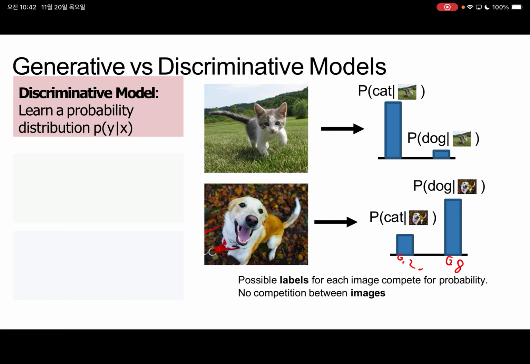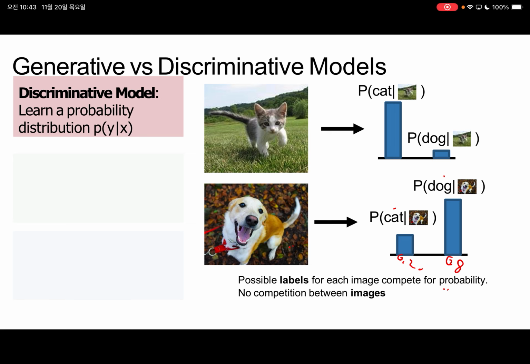As you can see, we have predefined labels, and the possible labels for each image compete for probability. What that means is that the summation of probability is always 1, right? So the probability of being a cat and the probability of being a dog are fighting each other, because they have a constraint to sum to 1.